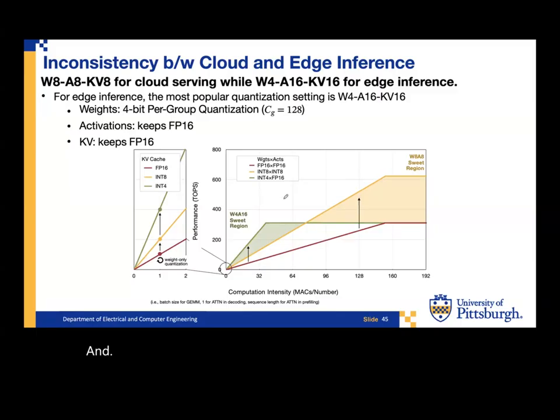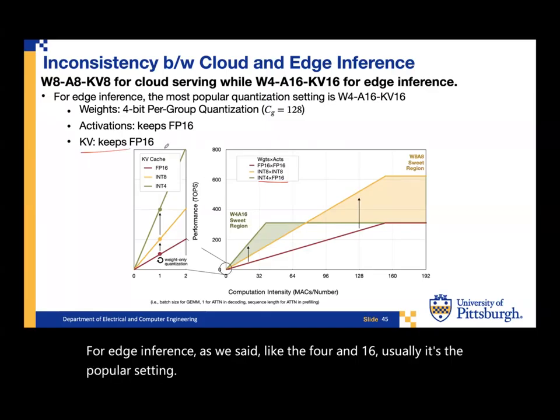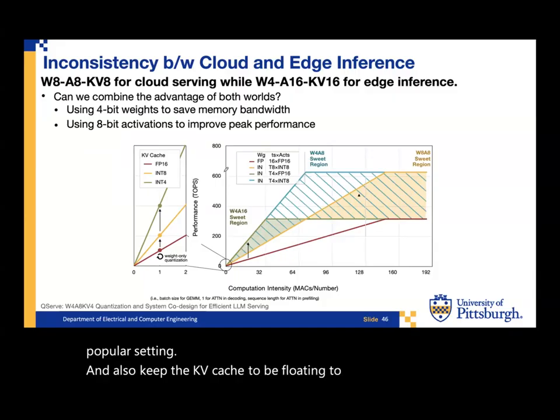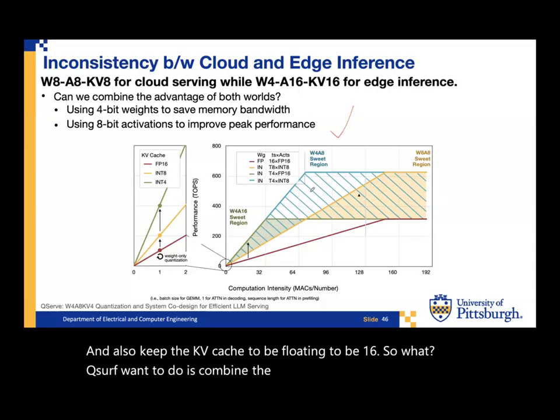For edge inference, as we said, the 4 and 16 is the popular setting, and also keep the KV cache at floating point 16. So what QServe wants to do is combine the advantage of both worlds.